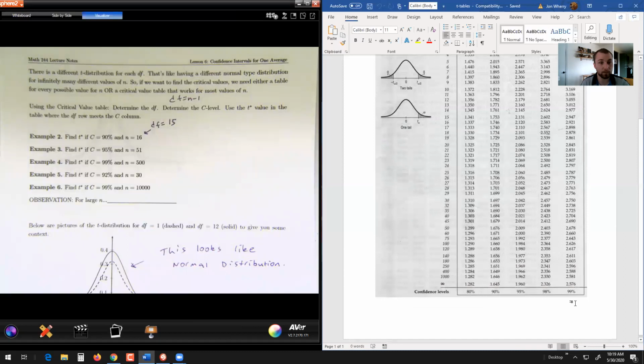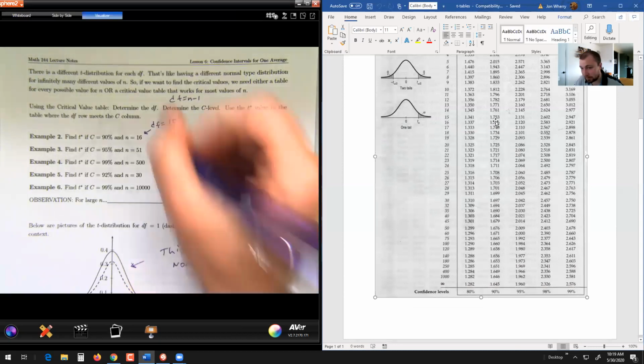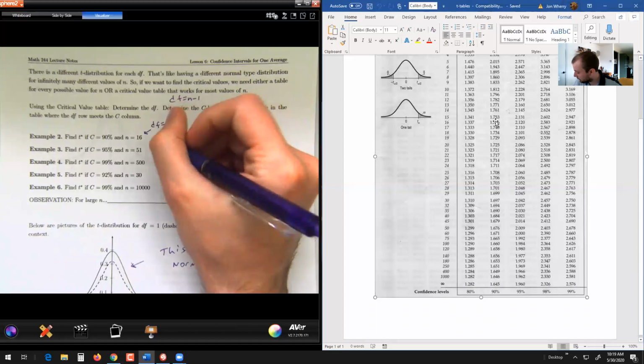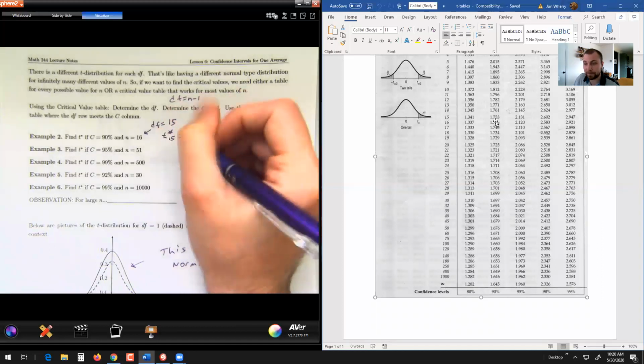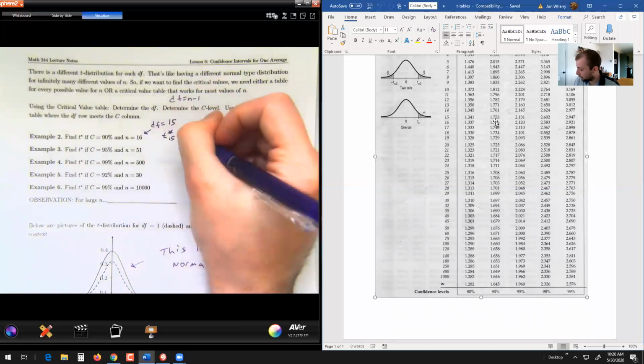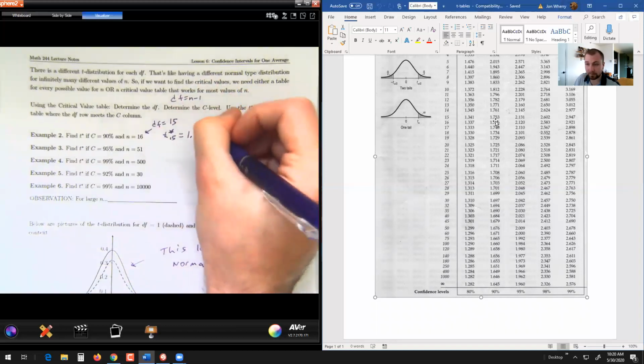So for example, if I had a degree of freedom of 15, I'm going to go to degree of freedom of 15. And if I wanted to be 90% confident, I would go to that 90% confidence column there. And I would see where those things meet up. In this case, my t-star critical value for 15 degrees of freedom was 1.753.